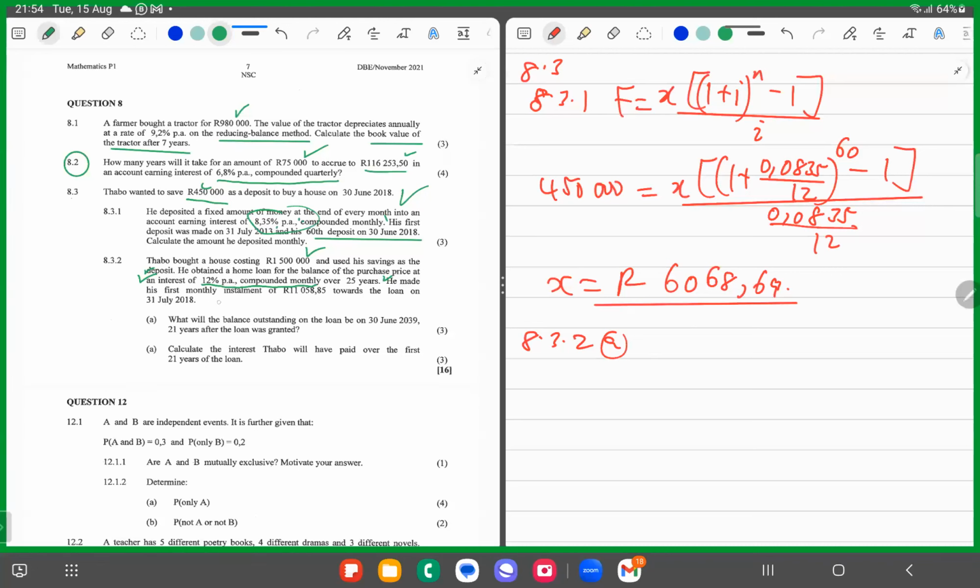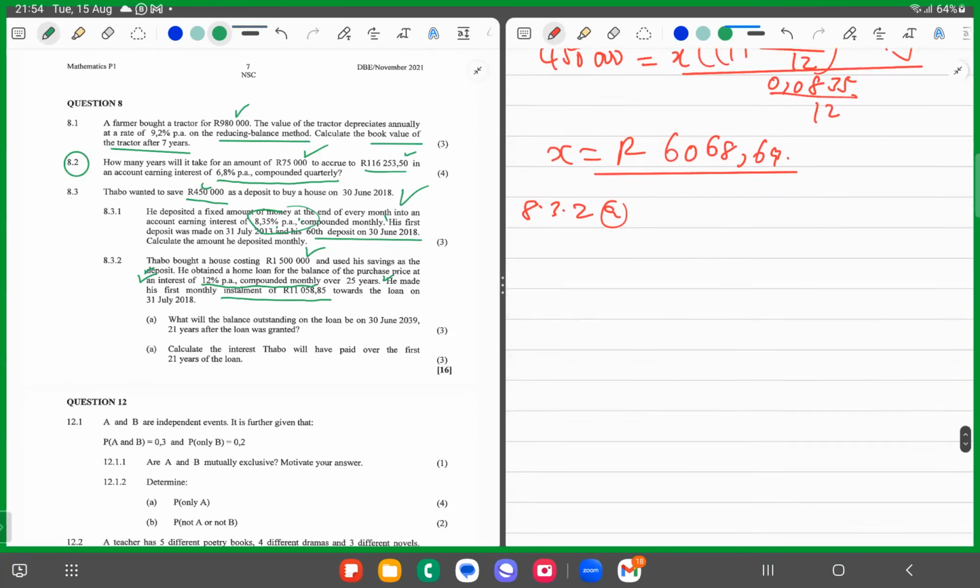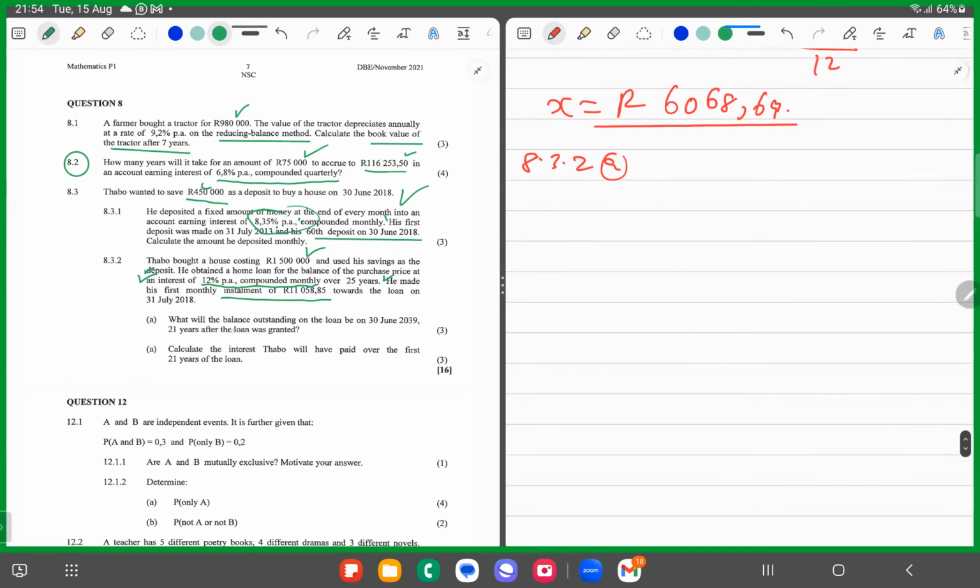He made his first monthly installment of 11,000 towards the loan on 31 July 2018. What will the balance outstanding on the loan be on 30 June 2039, 21 years after the loan was granted? Let's analyze it together and see what we get.